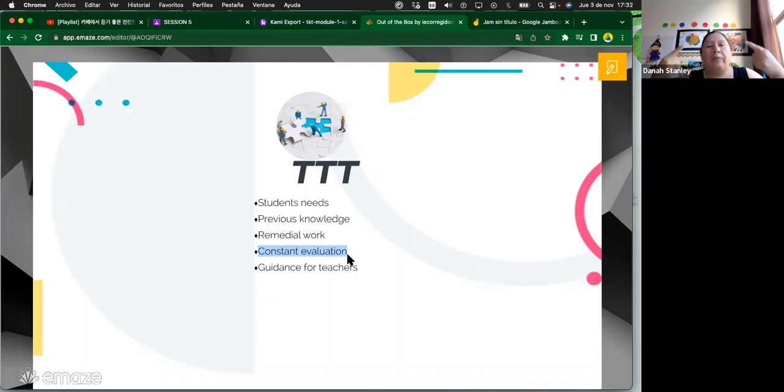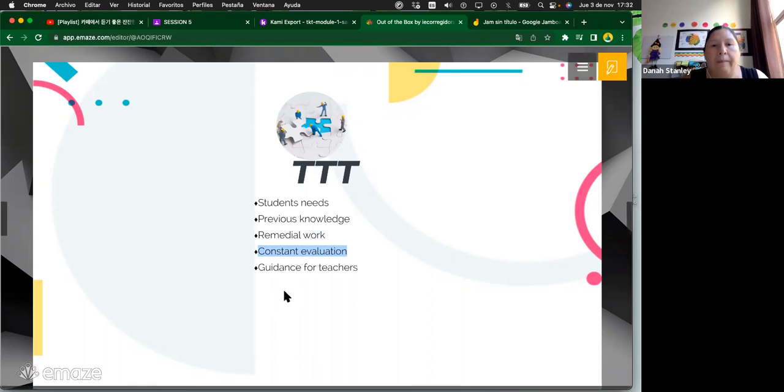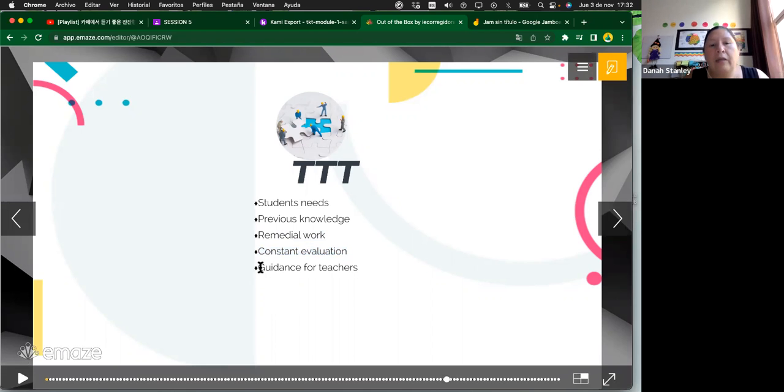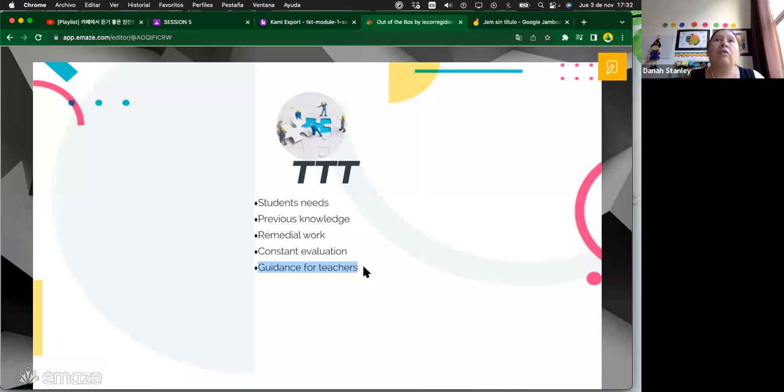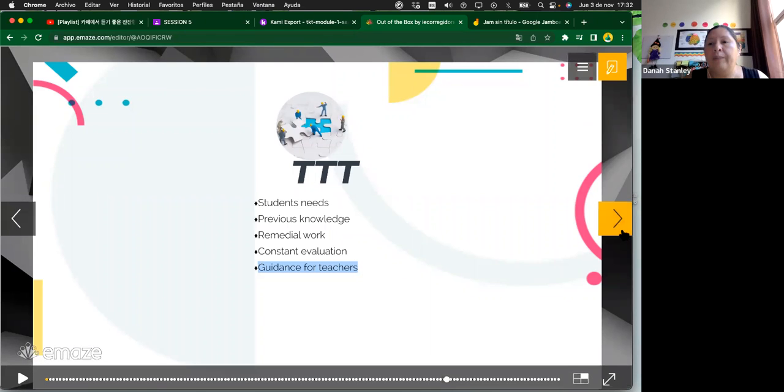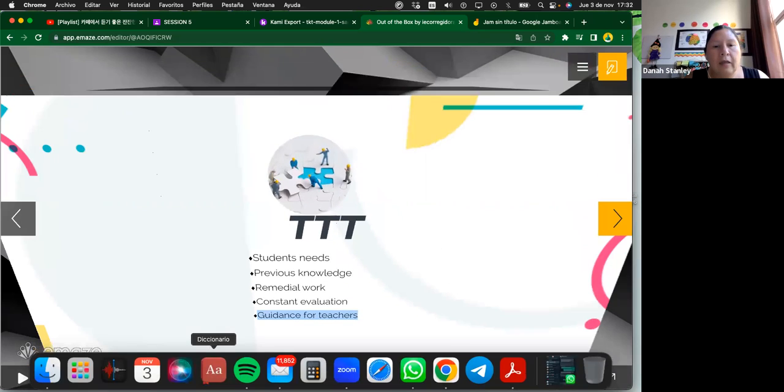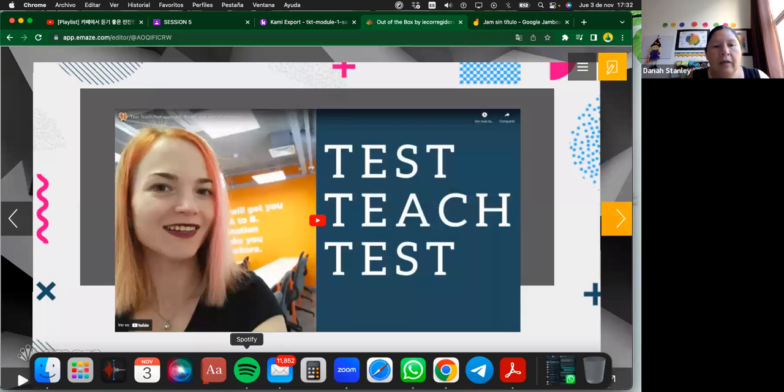We need to be observing and checking and monitoring our students. Yes, so it's part of the evaluation. How am I going to realize that my students are improving, just because I'm constantly evaluating them. And in here, it's a guidance for the teacher because I know how well they are doing. So let's analyze TTT.